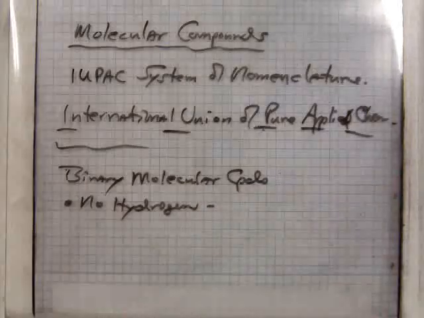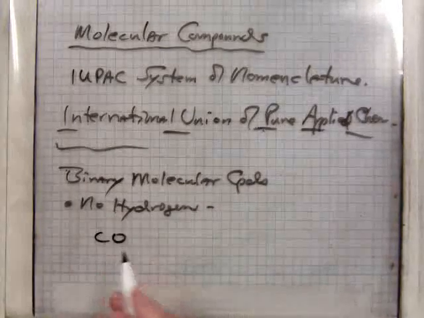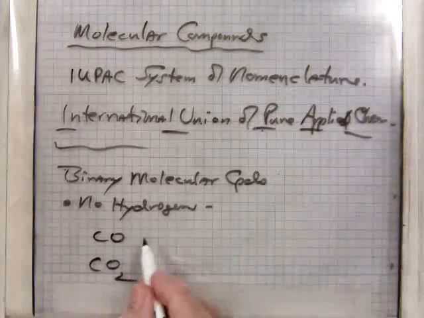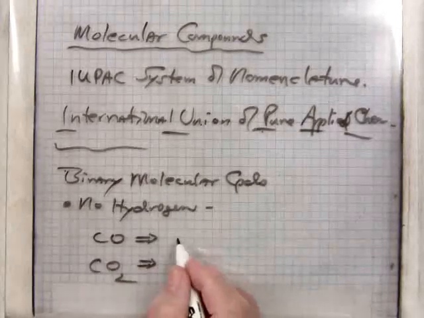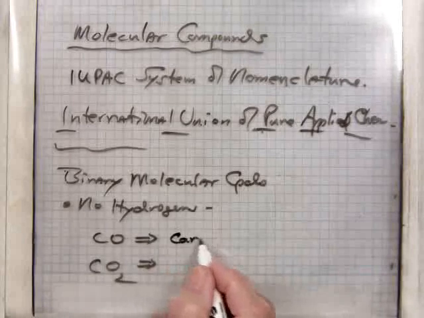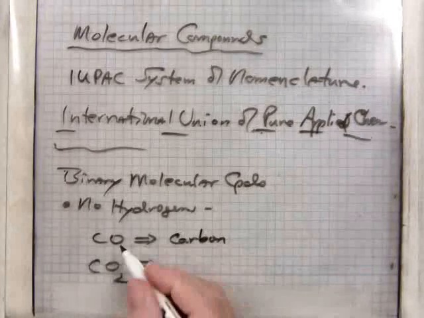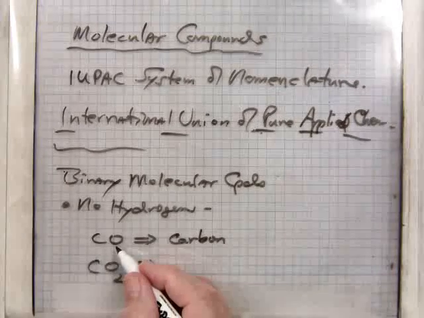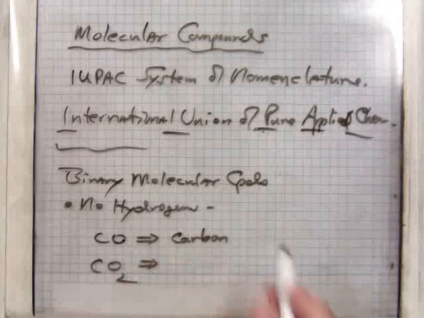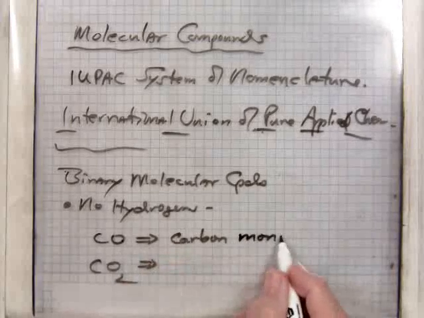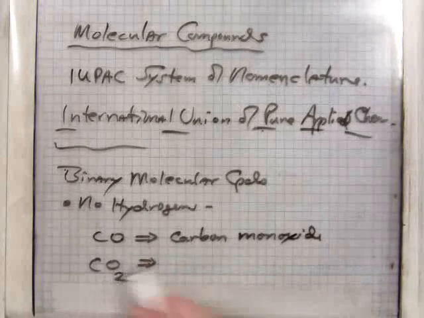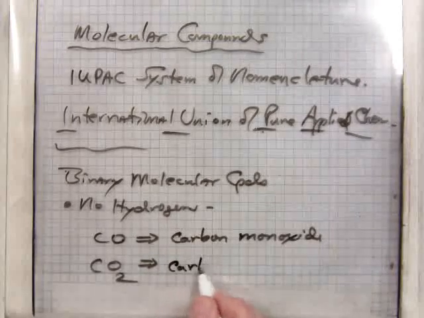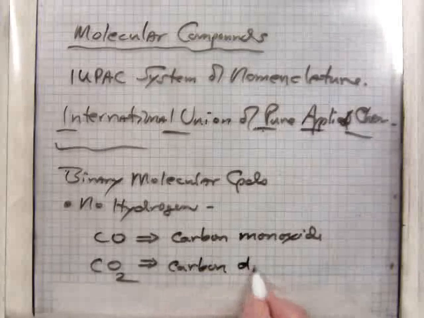For example, if we have CO and CO2, these would have single elements in the first position. So we name them just carbon, but the second one is a single element and we put mono on it, monoxide. Same way here, since you have two oxygens, it's carbon dioxide.